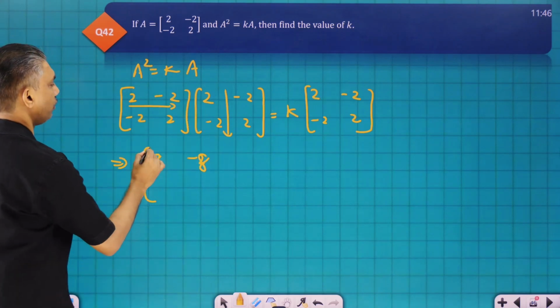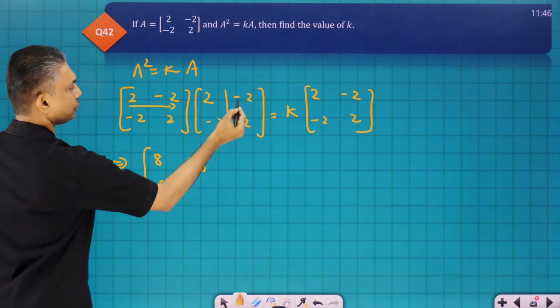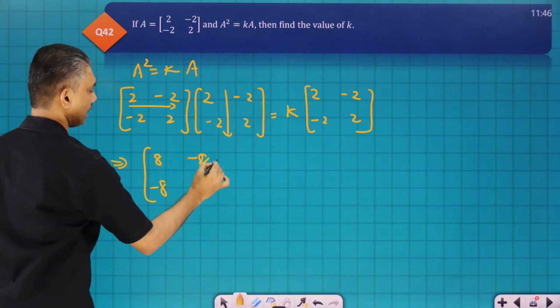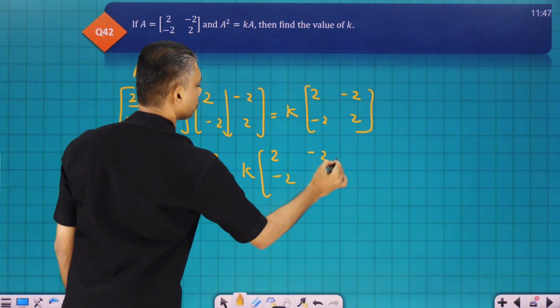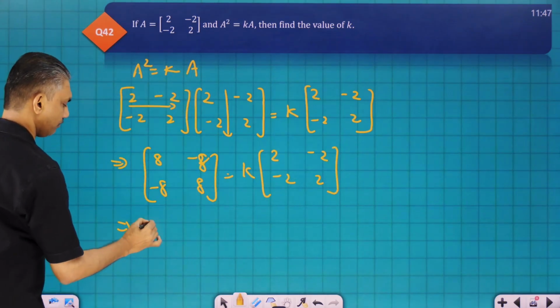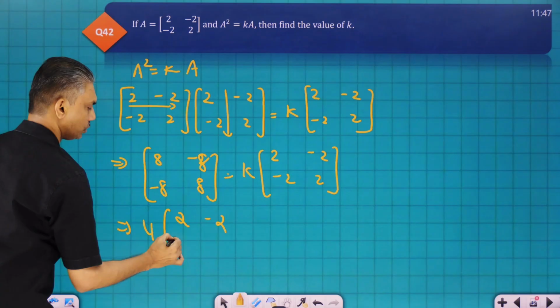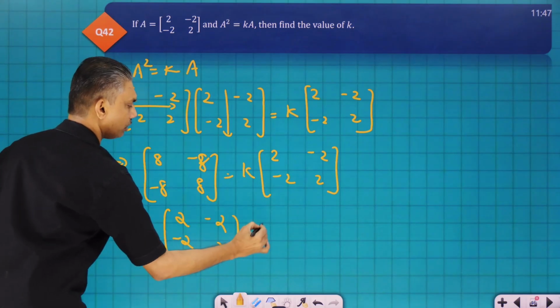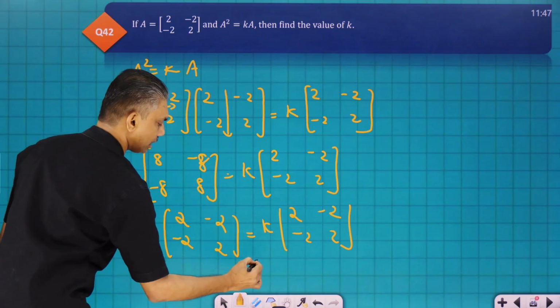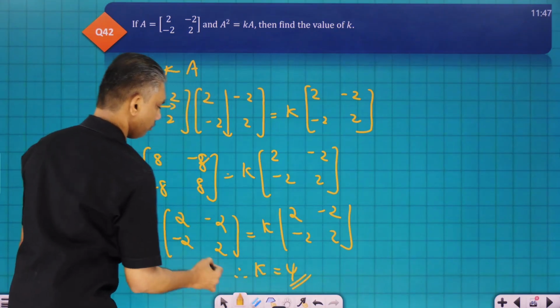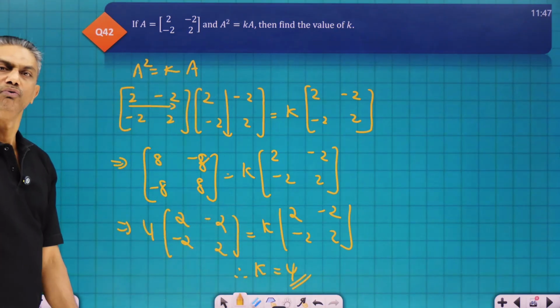Then minus 8, and 8. So you can take 4 common: 4 into [2, minus 2; minus 2, 2] equal to k into [2, minus 2; minus 2, 2]. Therefore, k is equal to what? 4. Very simple. k is equal to 4.